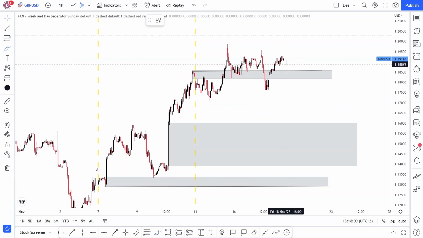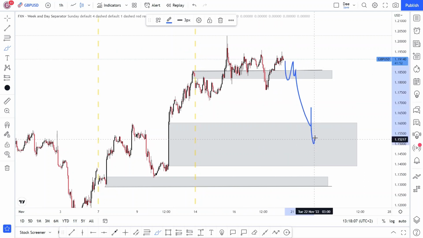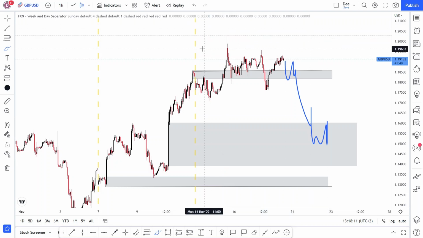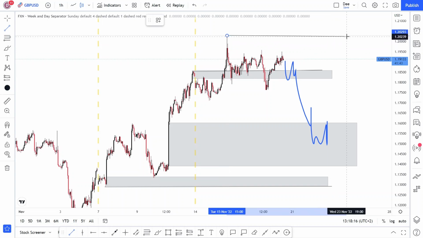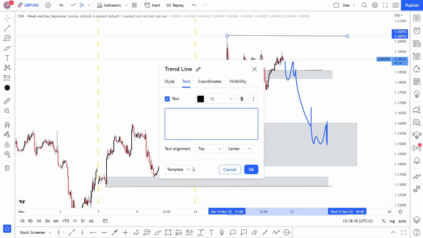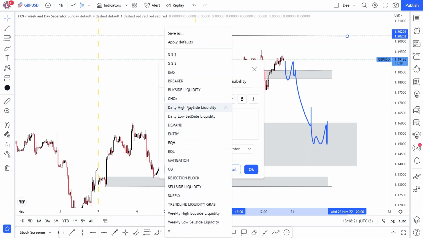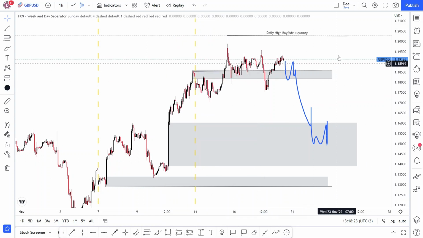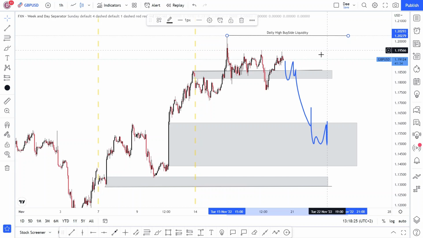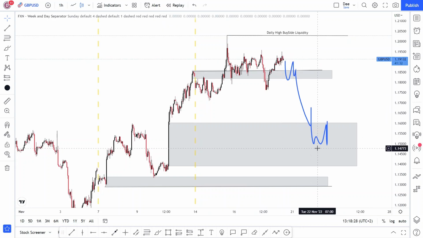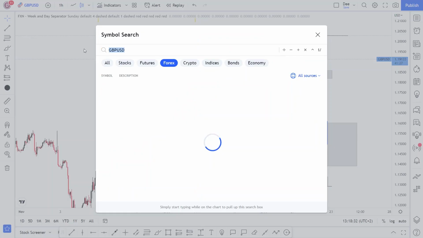So the market might come to grab this buy side and sell side inefficiency before they can come to take out this old high. So we have this daily high buy side liquidity, right? So the market might come down to this buy side liquidity. Okay, so let's move to another pair.